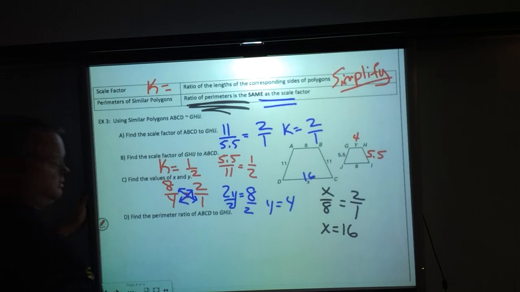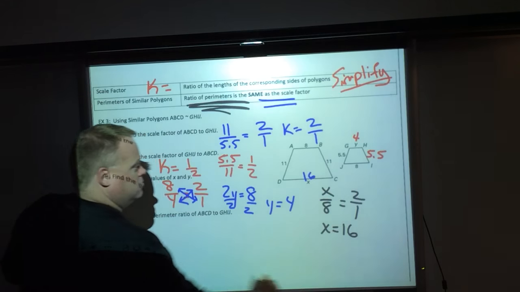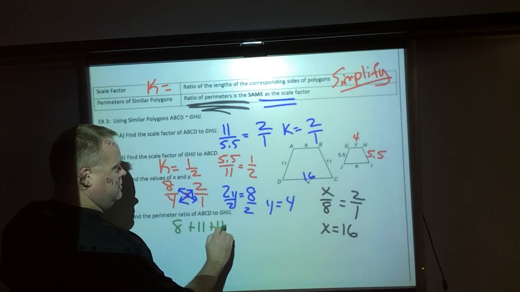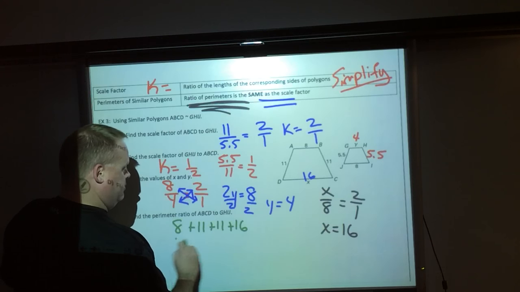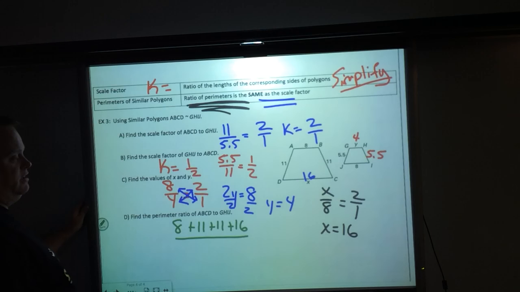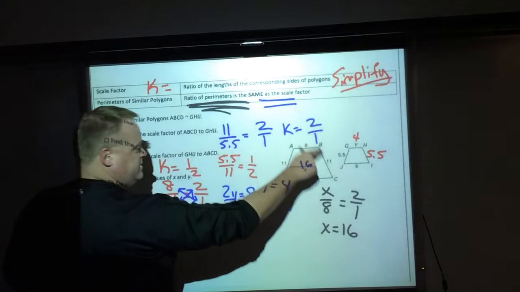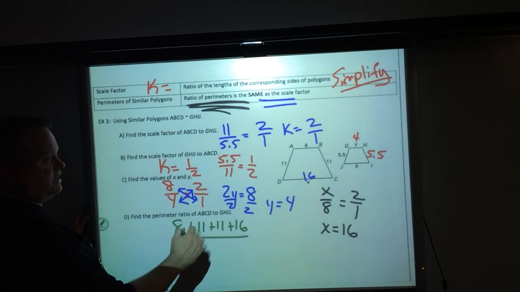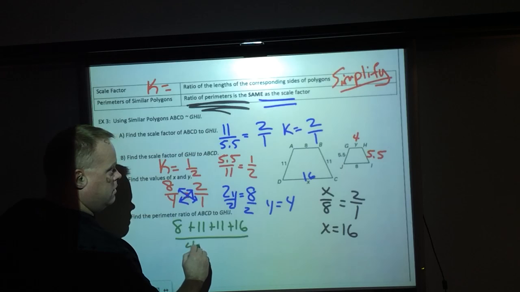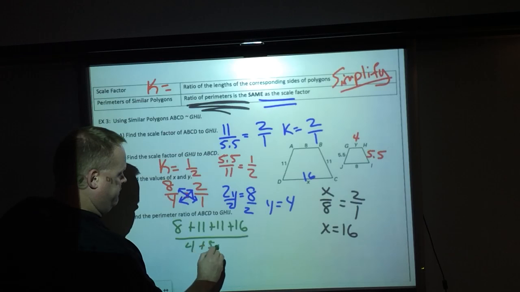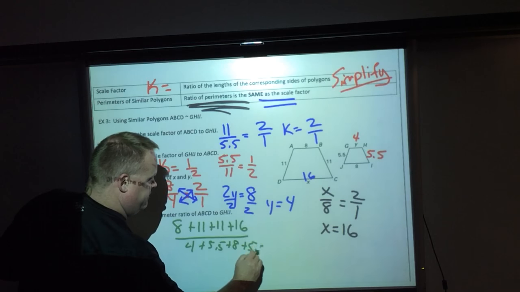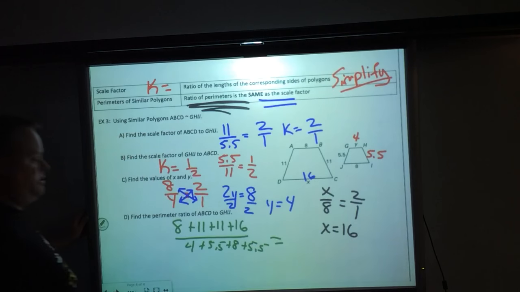So now let's just do this. Let's do 8 plus 11 plus 11 plus 16, the perimeter of ABCD. 8, 11, 11, and 16. That's going to go over 4 plus 5.5 plus 8 plus 5.5. What is that going to be equal to?